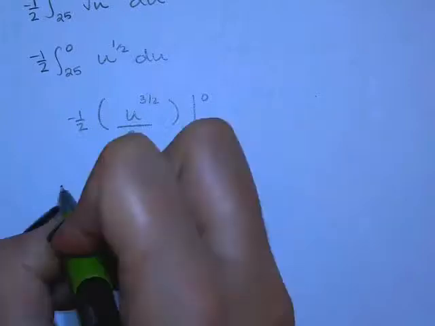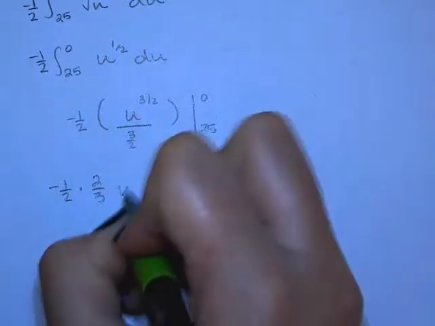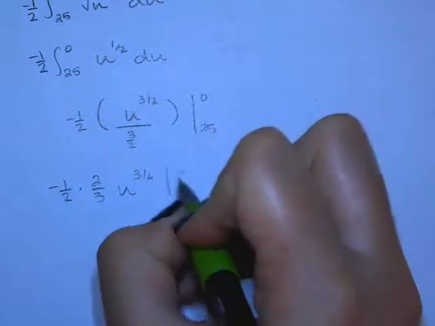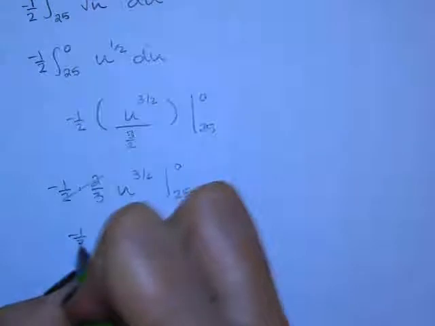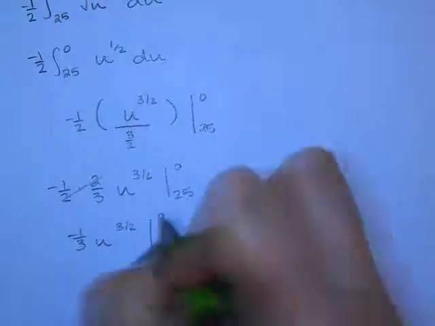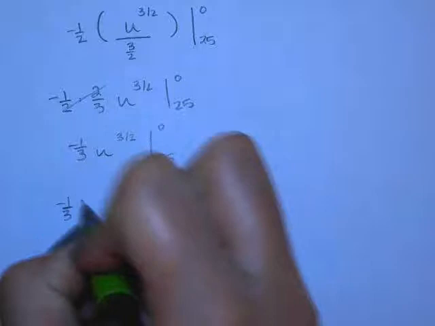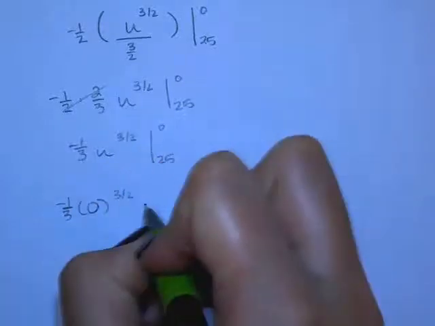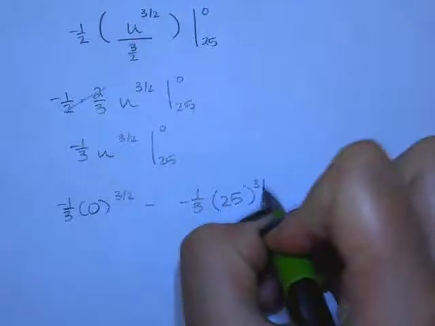Okay, so I've got -1/2 times 2/3 u to the 3/2. So -1/3 times 0 to the 3/2 minus -1/3 times 25 to the 3/2.